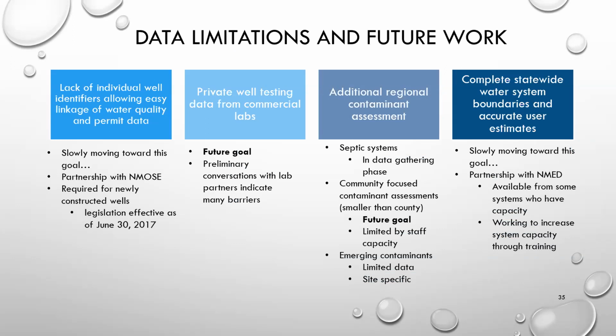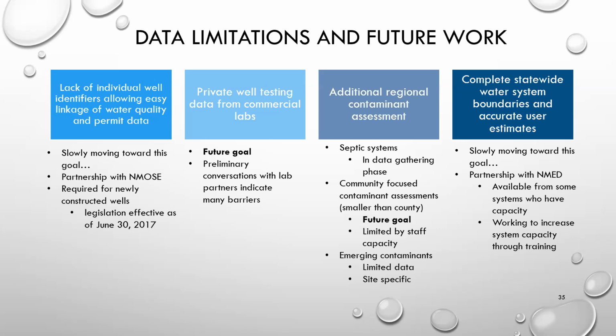So we don't have a great way to link what we know about well water quality and well location. And this work within this project is kind of a first step towards that. And something that would greatly aid this work is an individual well identifier.